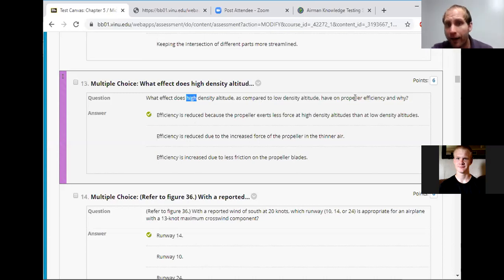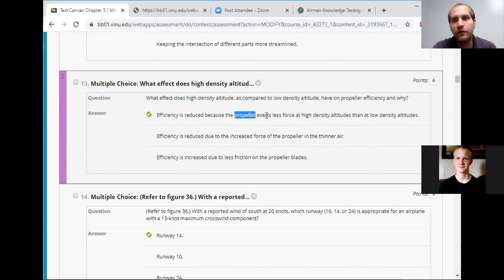So what's up with propeller efficiency? Efficiency is reduced with high density altitude because the propeller exerts less force at high density altitudes than at low density altitudes. Why is your propeller exerting less force? Well, think of it like a shovel. It's shoveling or paddling air backwards, but the air is way more thin. The air is less dense.